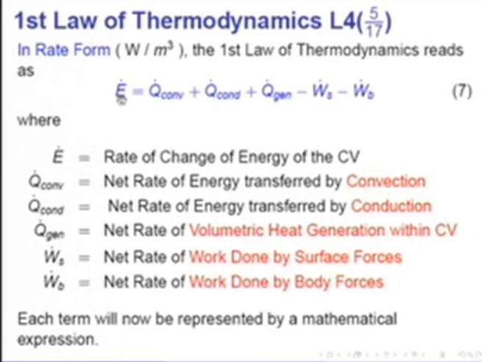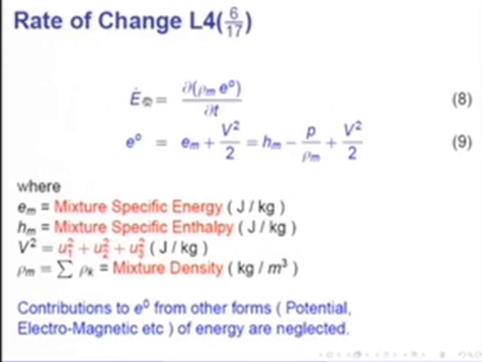So, let us consider the first term E dot. That would simply be d by dt of rho m E naught, or the total energy, divided by dt. The total energy is the sum of static energy plus kinetic energy, and the static energy by a thermodynamic relation is nothing but enthalpy minus P into specific volume, or P divided by rho m, plus V square by 2.